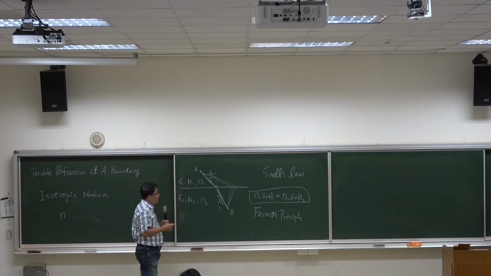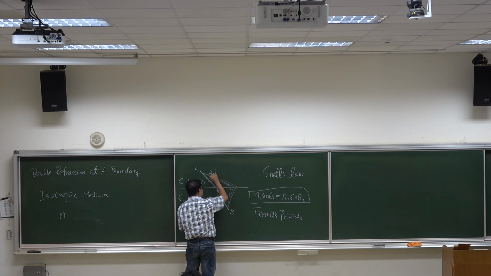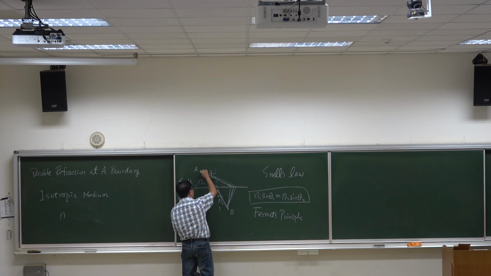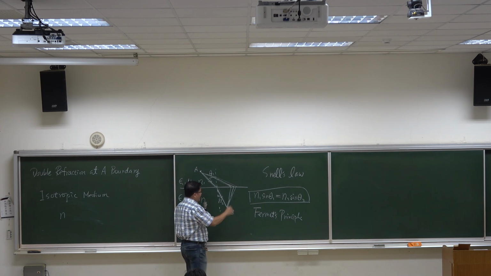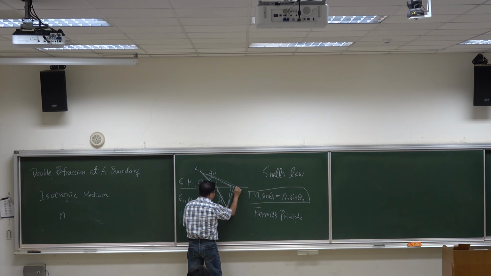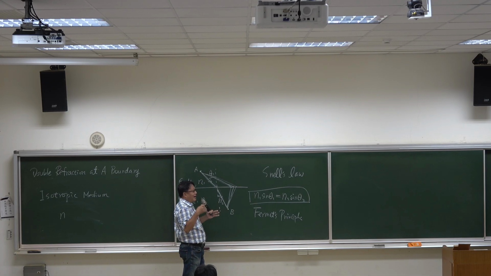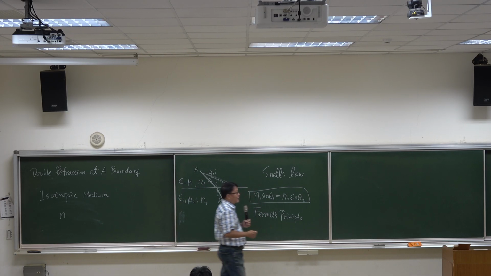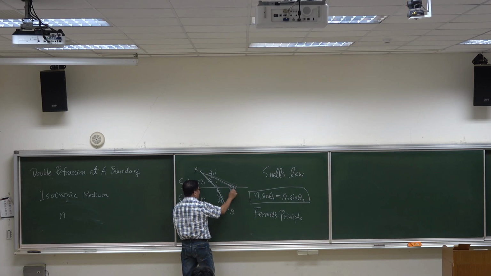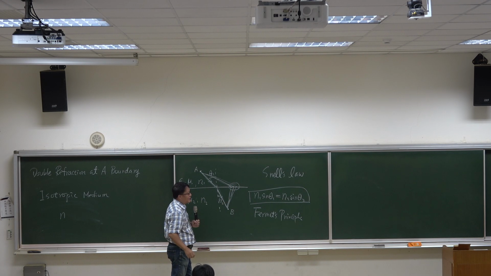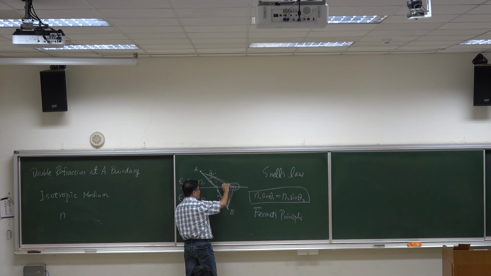Then if we take this path and calculate the phase difference aggregated from A to B, then if you move outside a little bit, you get very different phase aggregation. So light will destructively interfere here, and so we cannot see the final result of a specific path.